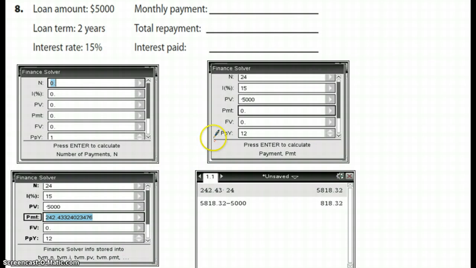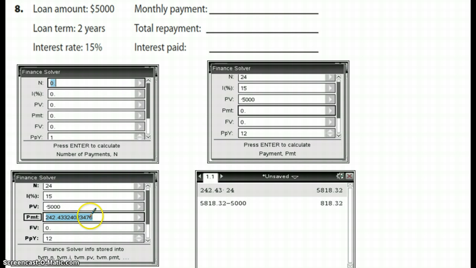Well, let's see. We have $5,000 at 2 years. 2 years is 2 times 12, which is 24, 15% interest, payments per year 12. Once I put that information in and highlight, I'm getting a payment of $242.43.